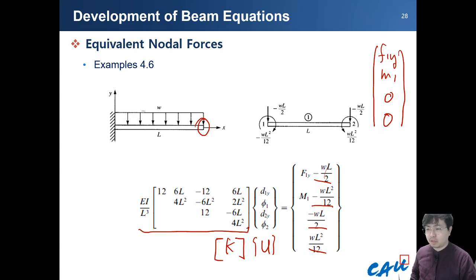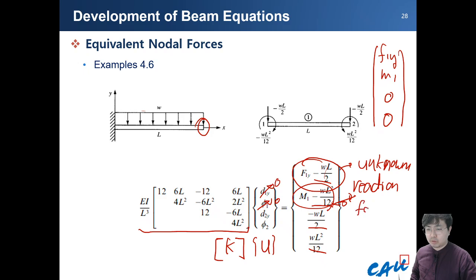You should carefully check this part: due to the boundary condition, these two values equal 0, and these become unknown variables, the reaction force and the reaction moment, so you can calculate the total forces.